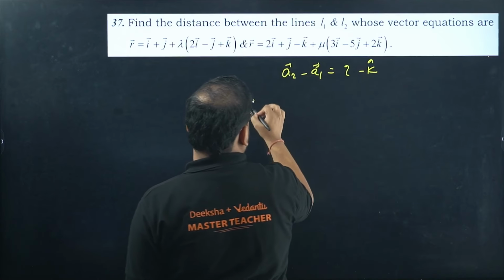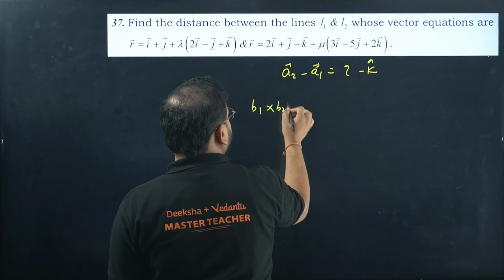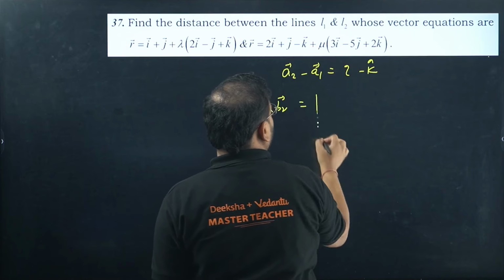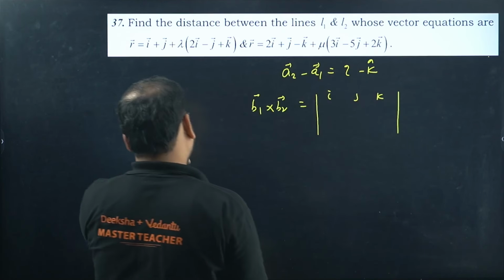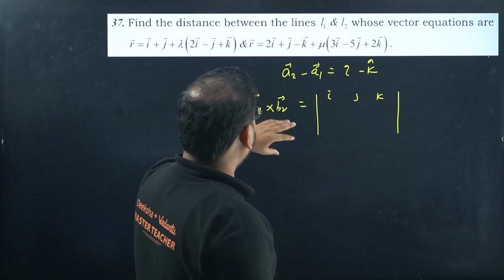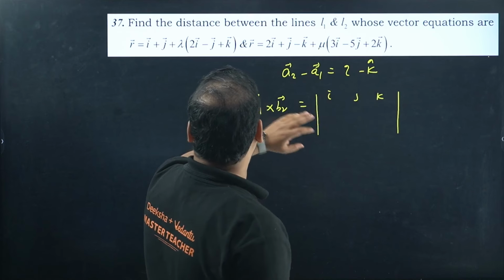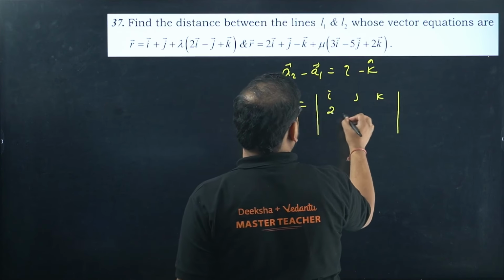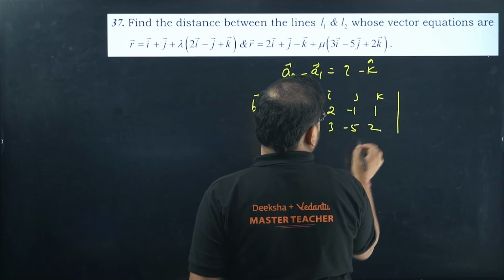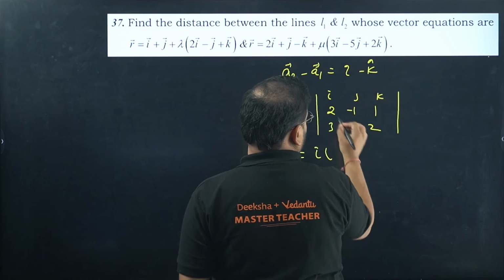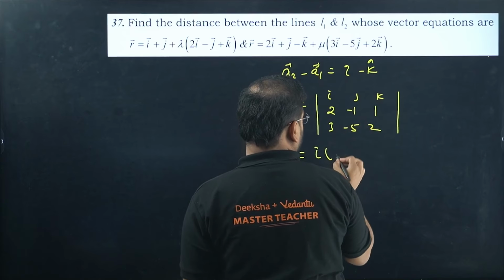Let's find B1 cross B2 now. Okay, and we get over here I, J, K as my first one. And next, what do I get for this value? B, I, J, K. Over here I'll have 2 minus 1 and 1, 3 minus 5 and 2. Let's solve it. We get here minus 2 plus 5, which is 3.